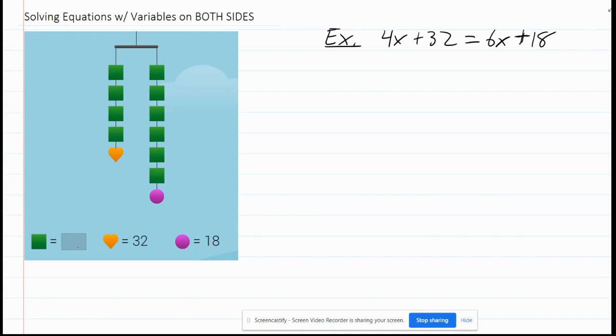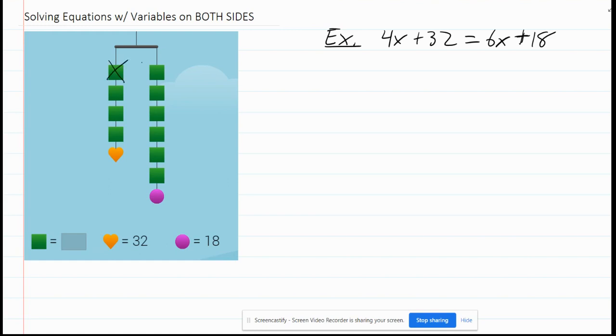I don't know what the square is, but I know that the heart is 32 and that the circle is 18. So in order to figure out the value of the square here, notice that we could remove extra squares in order to better see what a square itself is actually worth.